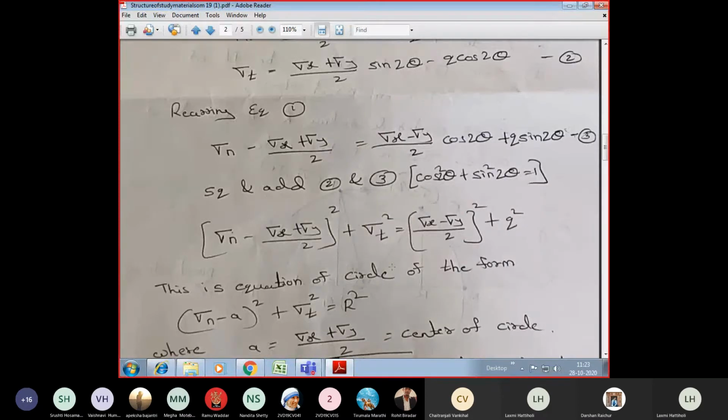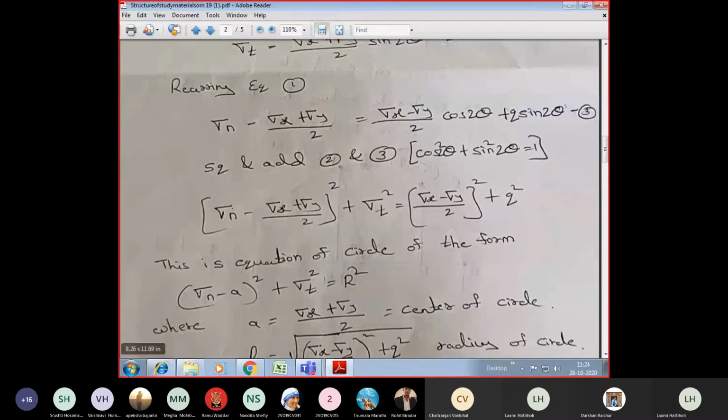The form is sigma n minus a, the whole square, plus sigma t square is equal to r square, which, as your friend said rightly, is like x square plus y square is equal to r square. Is it in the same form? Yes, exactly. So it is in the form of the equation of a circle.